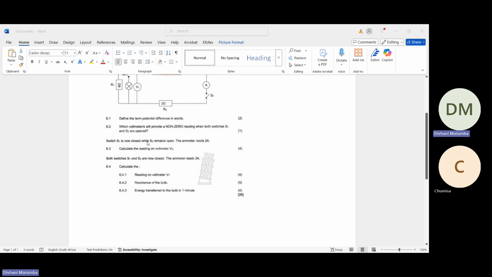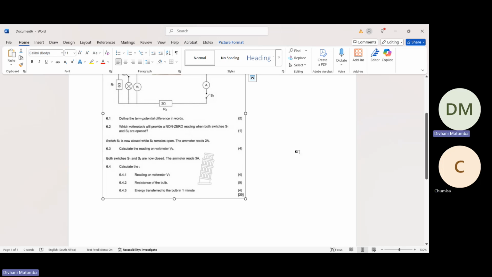Now define the potential difference. What is the potential difference? The potential difference across the ends of a conductor is equal to the energy transferred from electrical to other forms of energy.